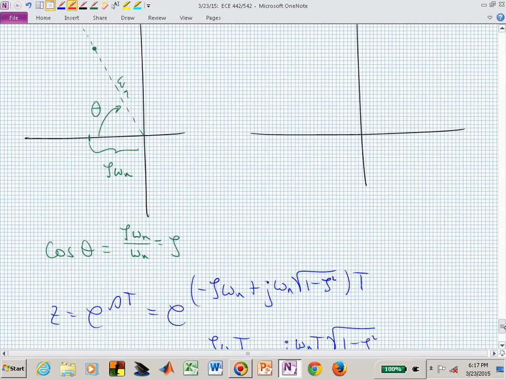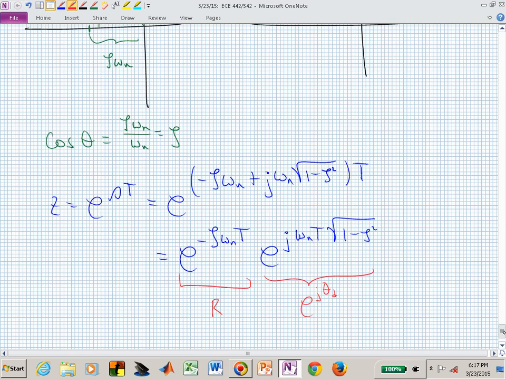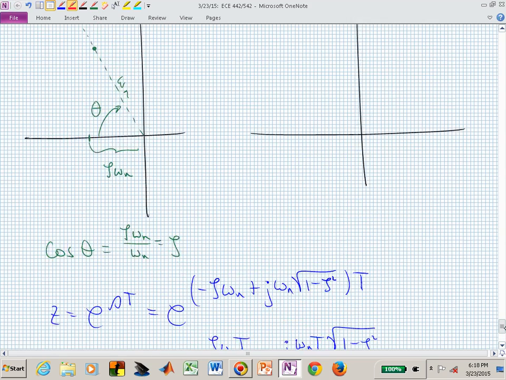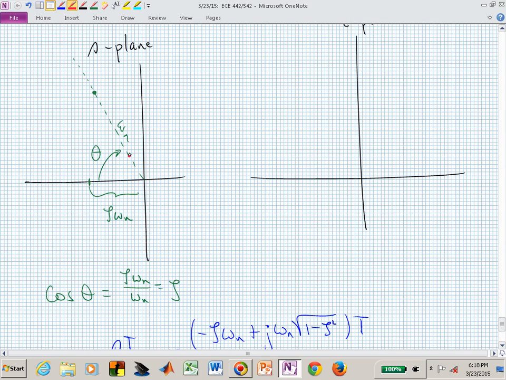That theta value is a fixed zeta. If we fix zeta in the z expression, and let's fix our sampling period, capital T, what varies? The radius in the S-plane, the natural frequency. If we change the radius, omega sub n, now you could think of saying, for a fixed zeta, maybe I look at this value for omega sub n.